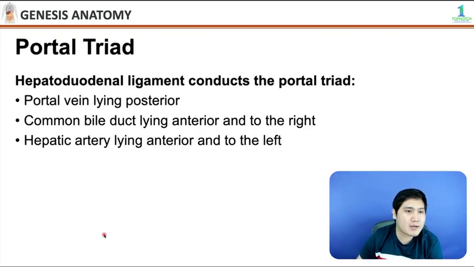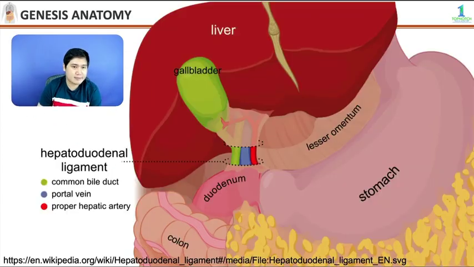We also have a famous histologic and anatomic feature, the portal triad, which is contained in your hepatoduodenal ligament. Within the hepatoduodenal ligament, you have the portal vein, the common bile duct, and the hepatic artery, all of which comprise your portal triad.